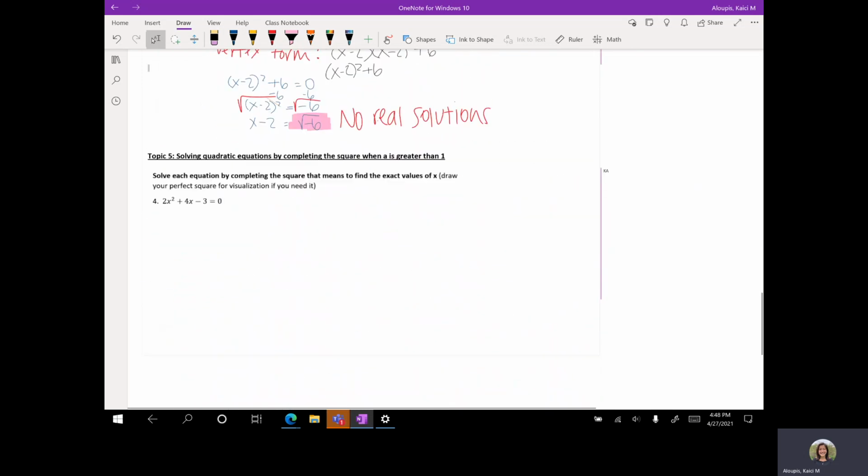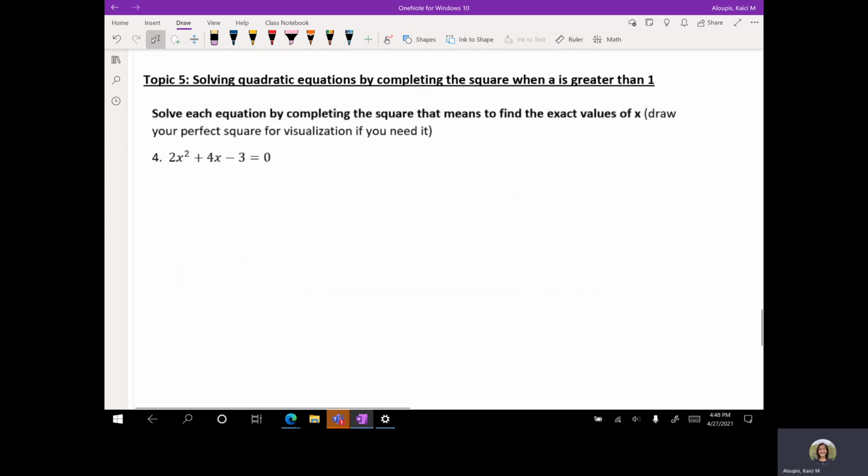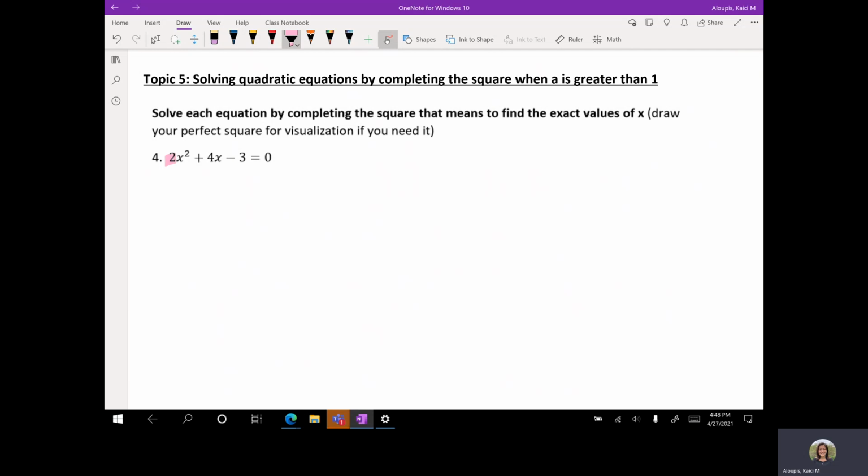No coefficient before. But in this one, number 4, I see that the value of a is actually equal to 2. The coefficient of our x squared term is 2. So it's a little different, and we have to figure out what to do. This one is going to be confusing, so bear with me and rewatch this section if you need to.